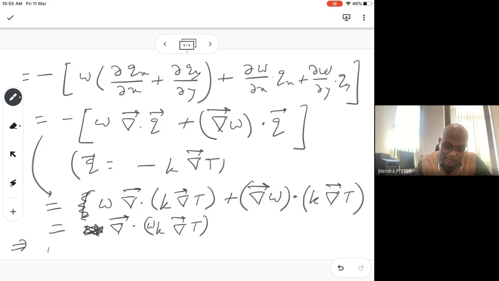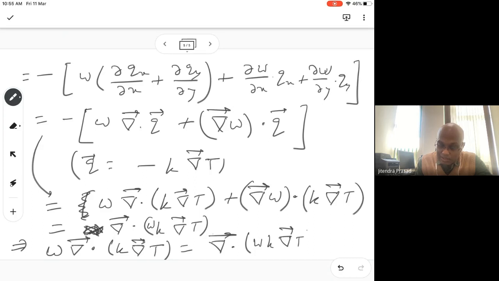So that really means that w times the divergence of K gradient of T is equal to this, dot w K gradient of T, minus this value.